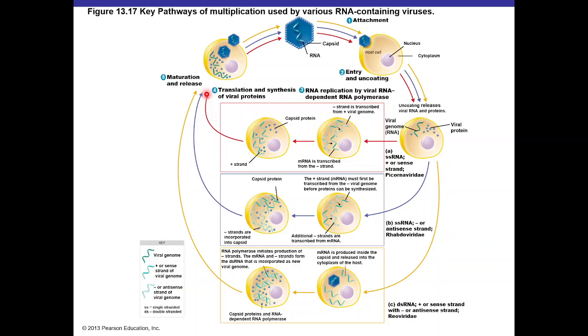If you have plus stranded or negative stranded, plus will be an RNA that runs from 5' to 3', which are the ends of the nucleic acid, and negative strand will be the opposite.